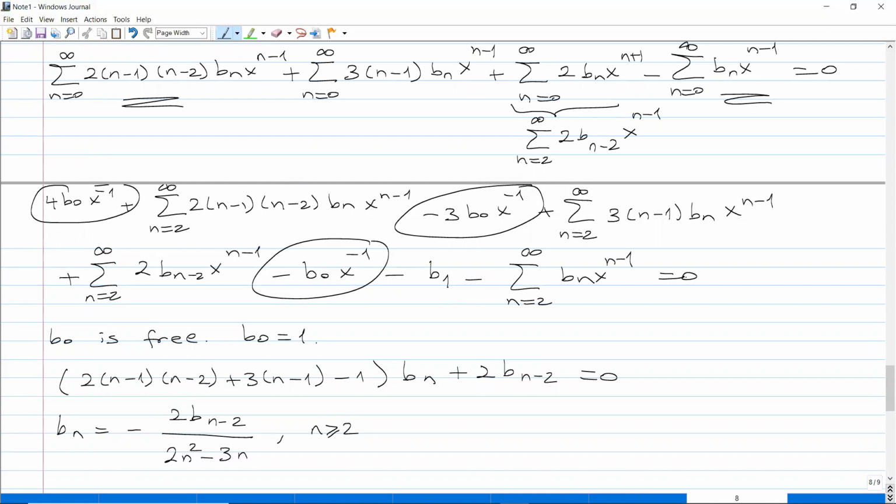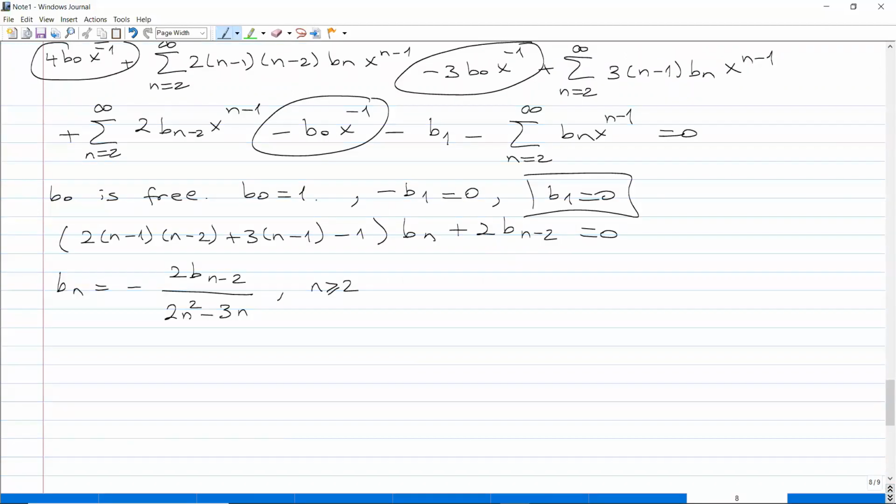So b0 is free, and the term minus b1 should be 0, so b1 is 0. Okay, so b2 is minus 2b0 over 4, 8 minus 6, 2.